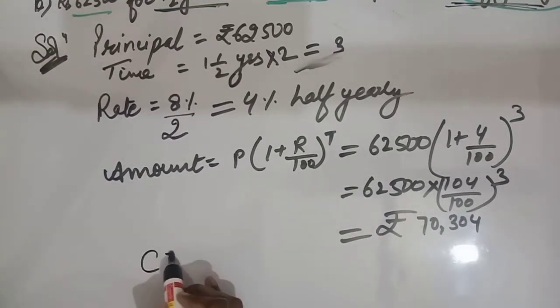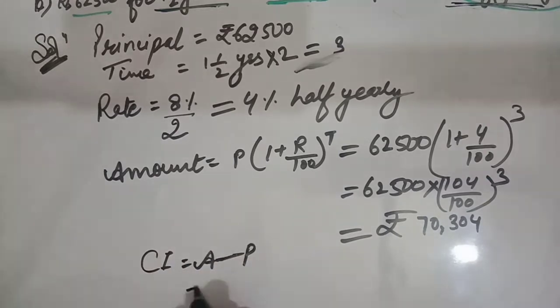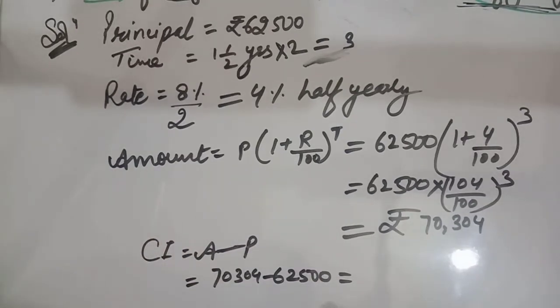And for CI, we will subtract principal from the amount, right? 70,304 minus 62,500. That will come out to be rupees 7,804.